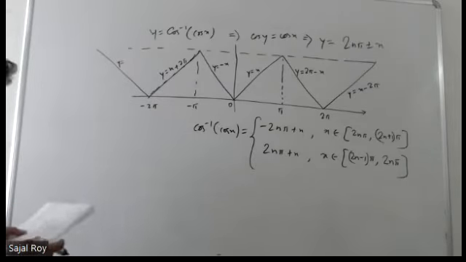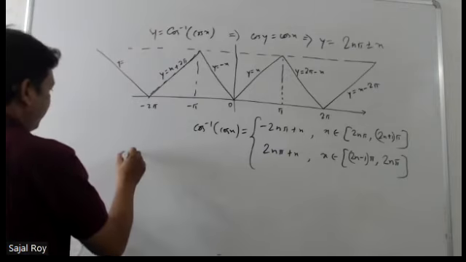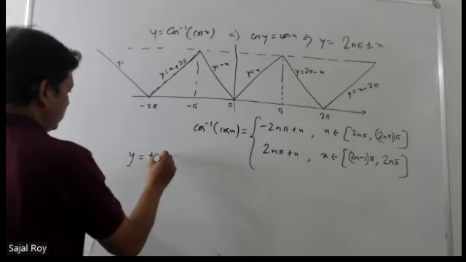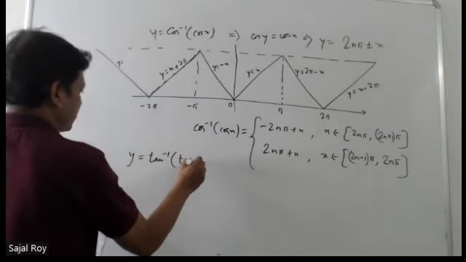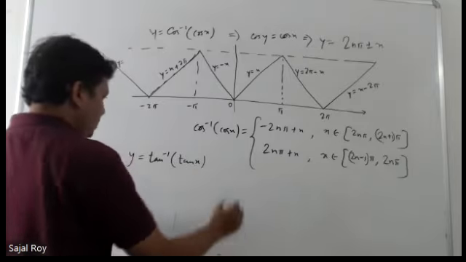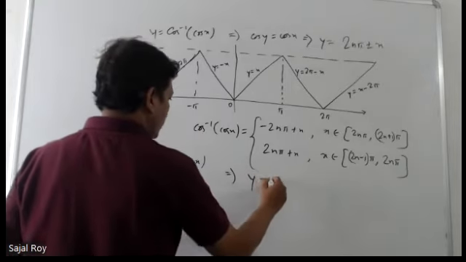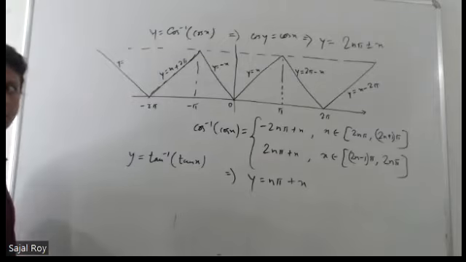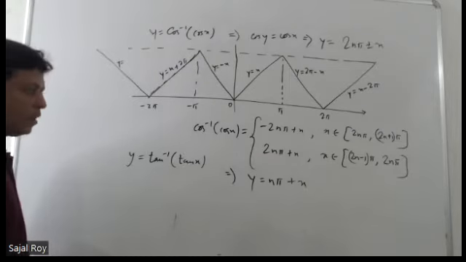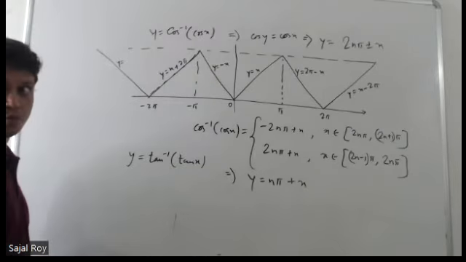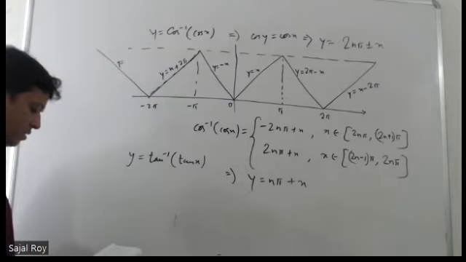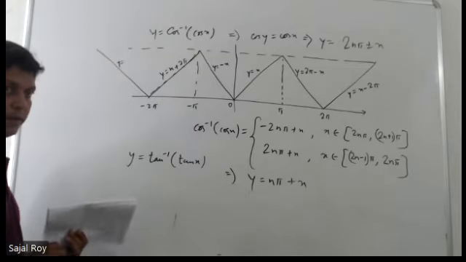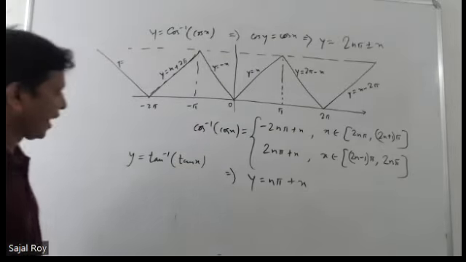Okay. Next is tan inverse of tan x. In this case you have y equal to n pi plus x, right? But you have discontinuities at pi by 2, 3 pi by 2, like this. So how to draw the graph for tan inverse tan x?